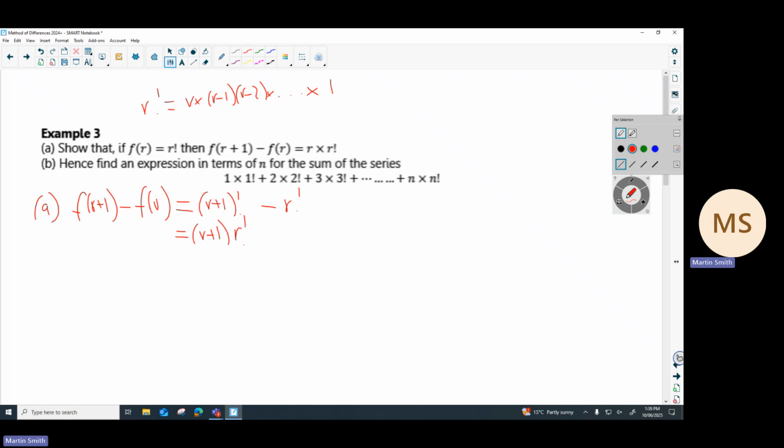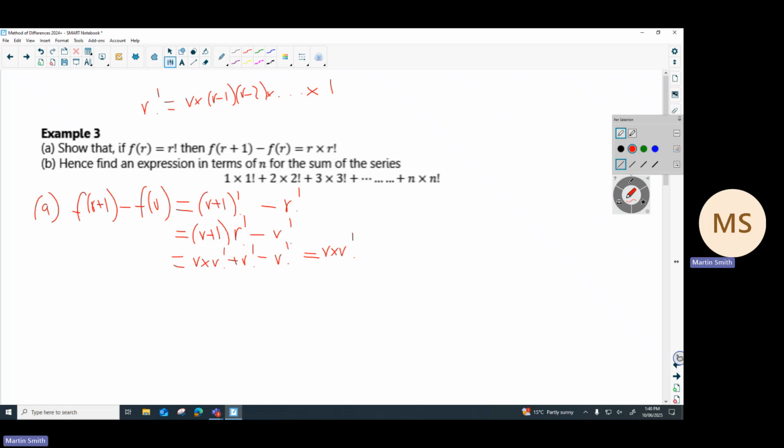It's r plus 1 times r factorial minus r factorial. If I now expand that bracket, I will get r times r factorial plus r factorial minus r factorial. The plus and minus r factorials will cancel out, and that's the same as r times r factorial.